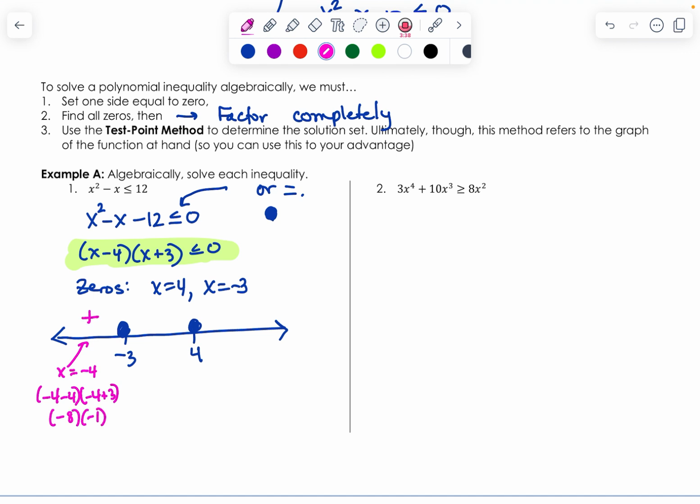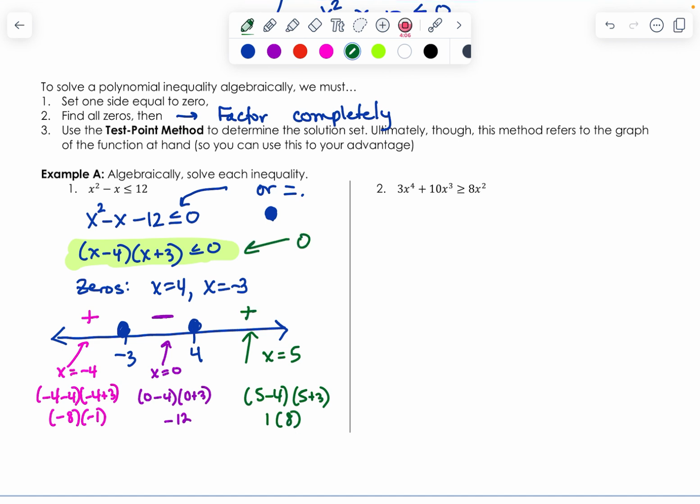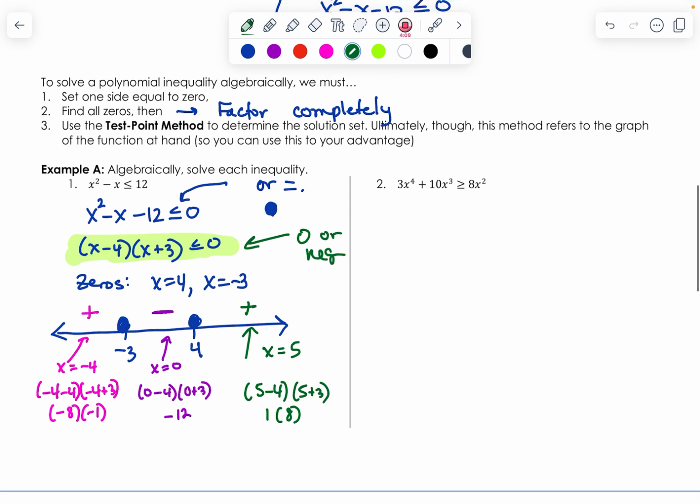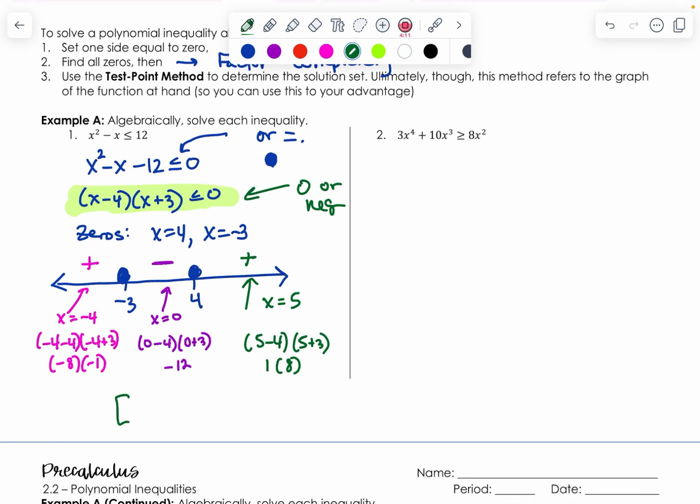That is positive. Now, what if I pick x is 0? So I get 0 minus 4, 0 plus 3. That's negative 12. Then let's pick a number here, which is 5. 5 minus 4, 5 plus 3. That's a positive. So less than or equal to 0 is 0 or negatives. So my solution then is negative 3 to 4.